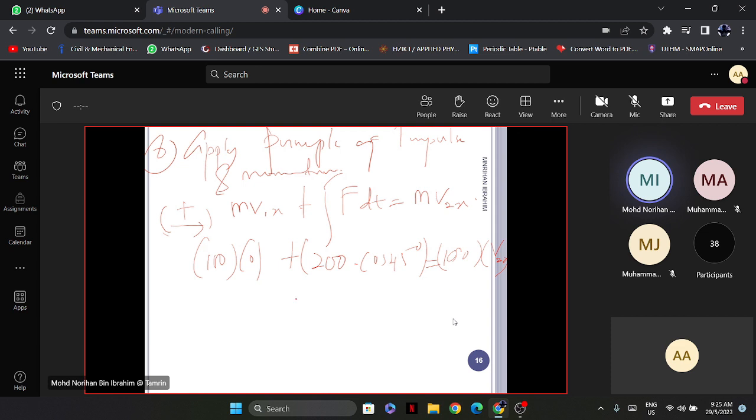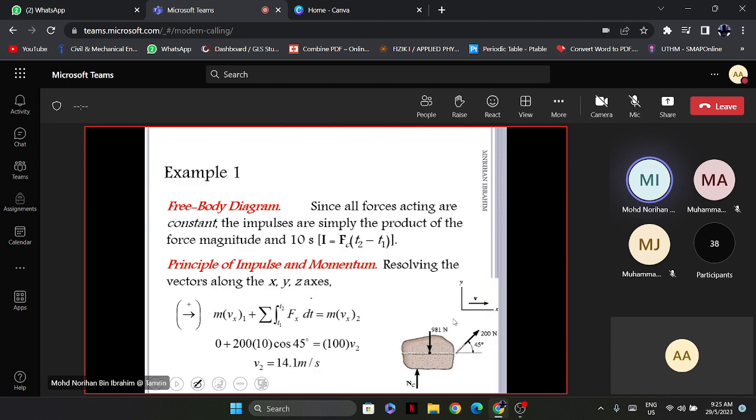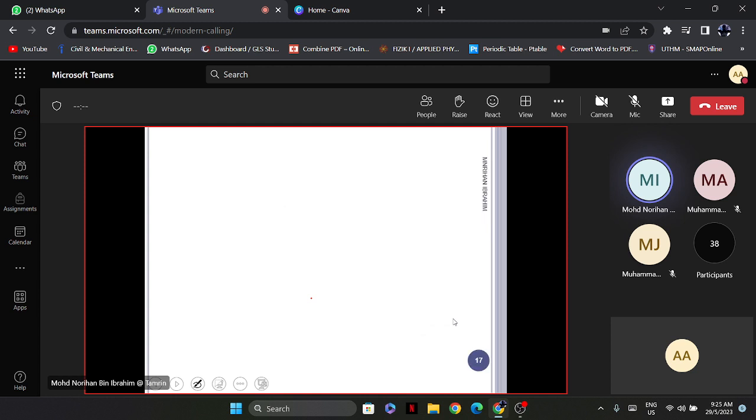In this case, we only have one unknown, which is V2x, so we can directly obtain the result. When you solve it, you will get V2 equal to 14.1 meter per second.